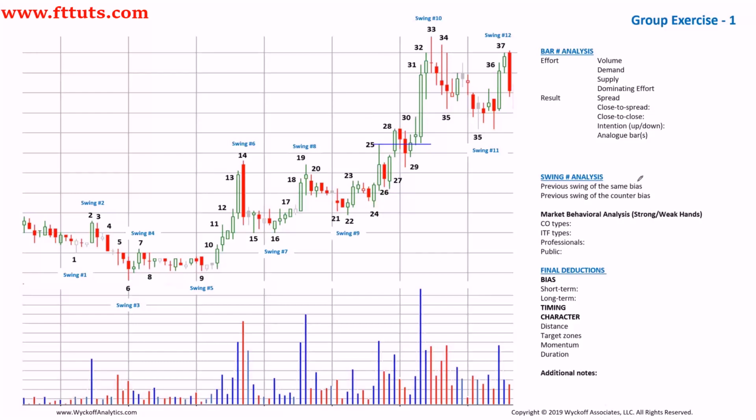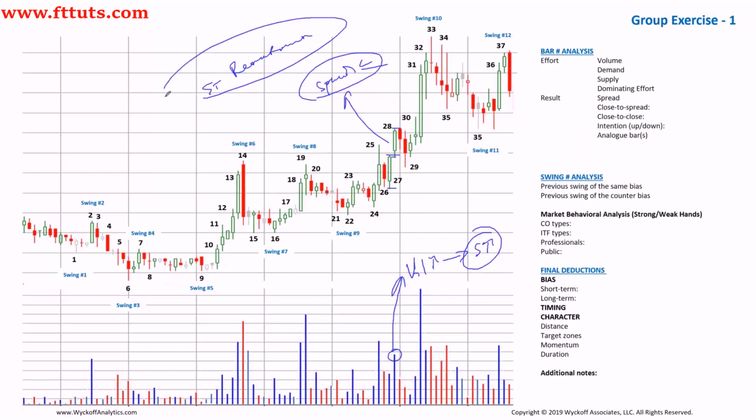We do on bar number 28. Now, 28 has very interesting characteristics because the volume has increased, and that suggests that supply has increased. Also, we see that the spread has diminished ever so slightly relative to 27. What does that suggest? Well, that suggests that on the increase in effort, emergent supply and diminishing result, we're going to have some kind of short-term reaction.